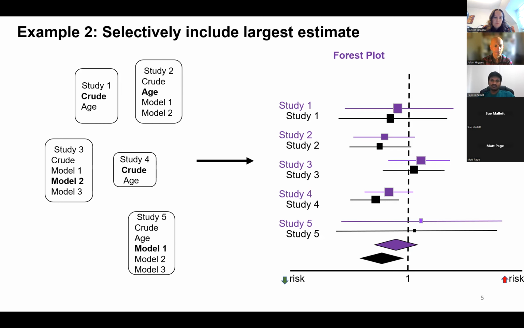Generally, when systematic reviewers selectively include effect estimates based on the nature and direction of the results, there is a potential to bias the meta-analysis results, as you can see here. This issue leads me to the objectives of today's presentation.